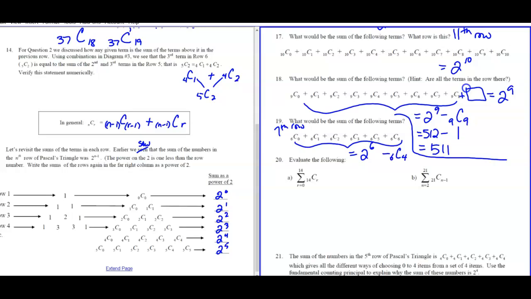It's the 7th row, so it's 2 to the 6th. That exponent matches the n value in the combinations, and then you're missing 6C4, which is 6 times 5, which is 3 times 5, which is 15, and then 2 to the 6, 64 minus 15.